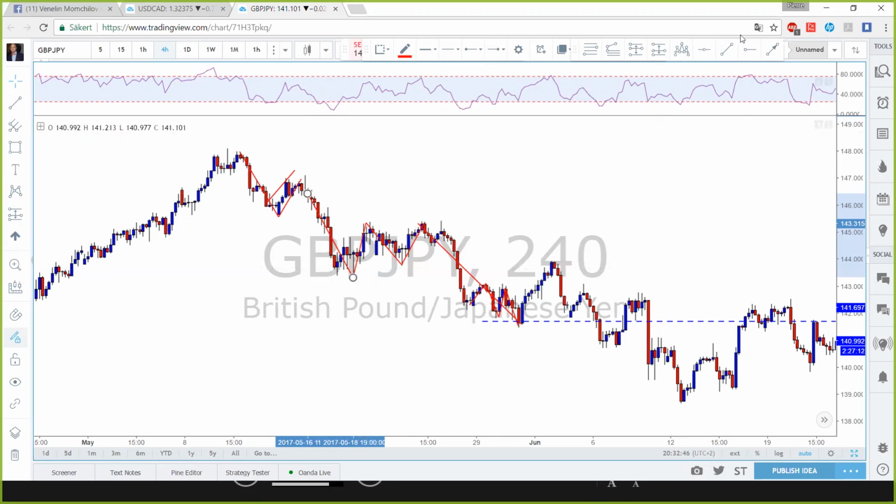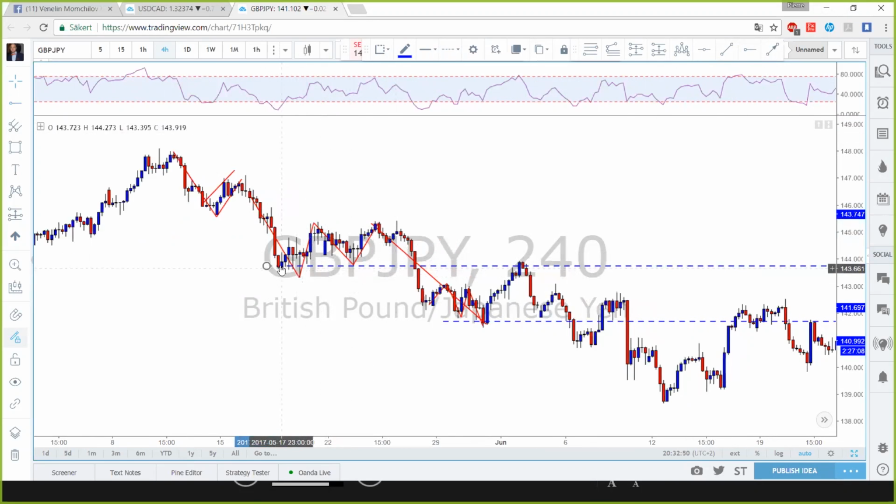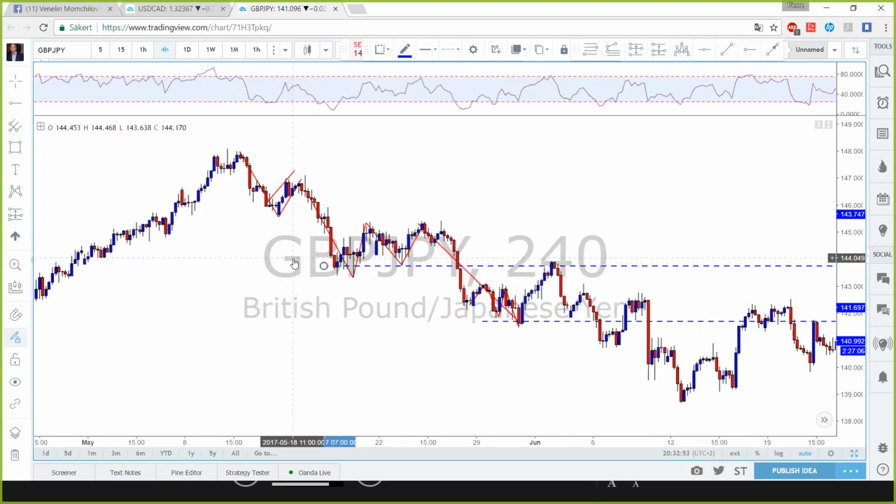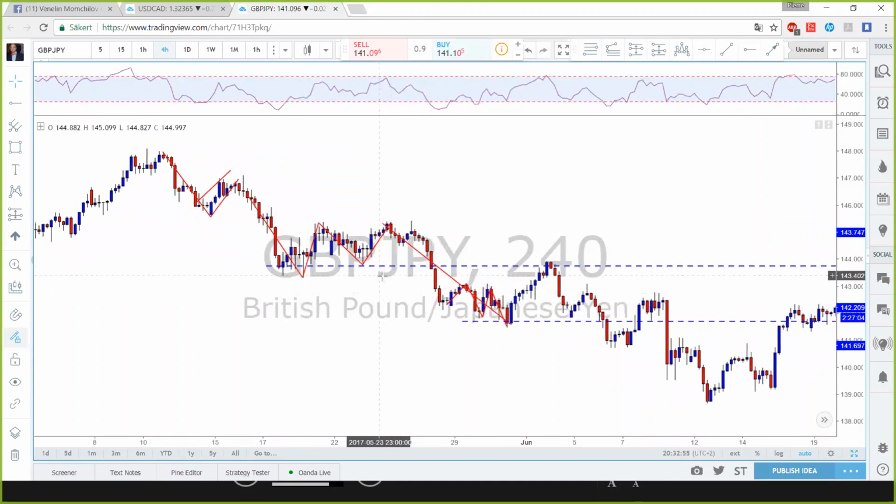Now you know, you sit and wait. You want to see a break of this low, yeah? In this case, you had the break of the low with this candle.